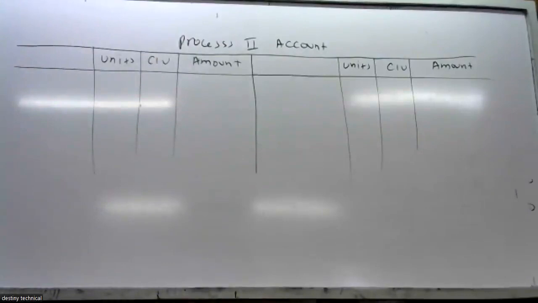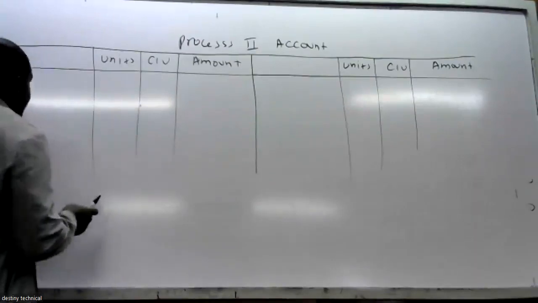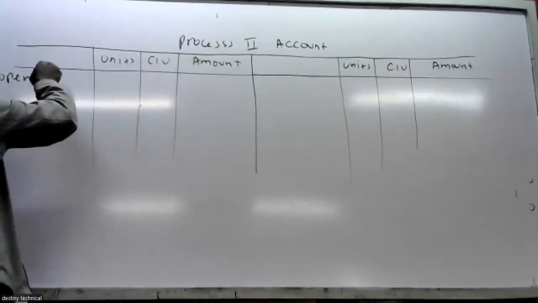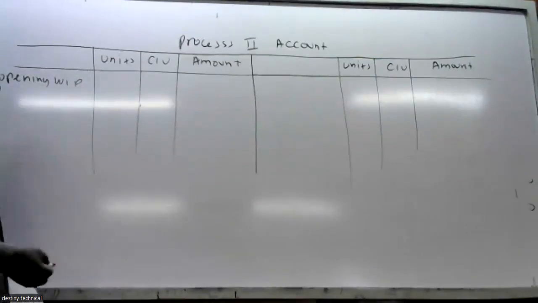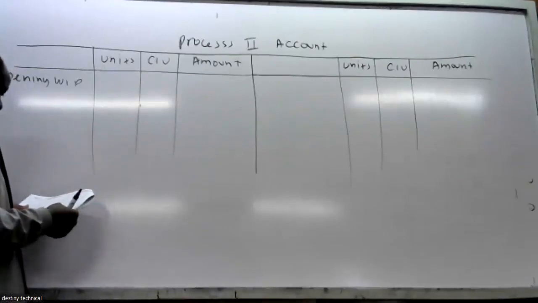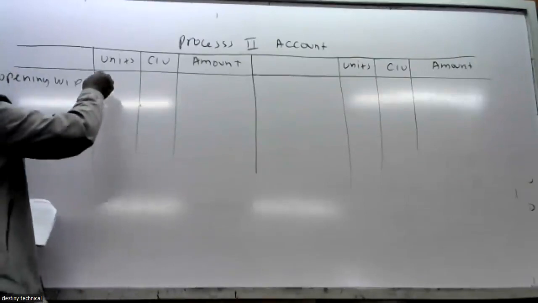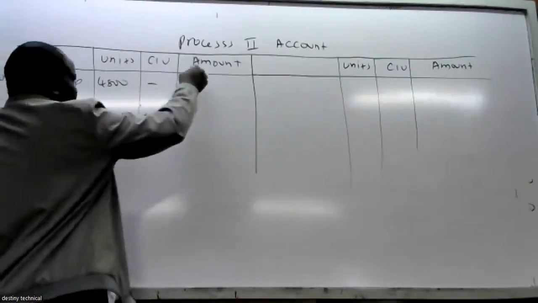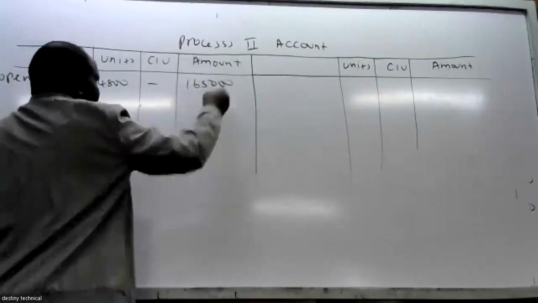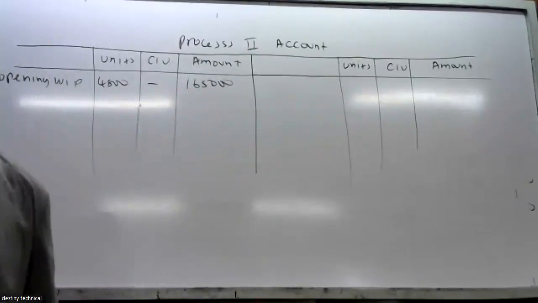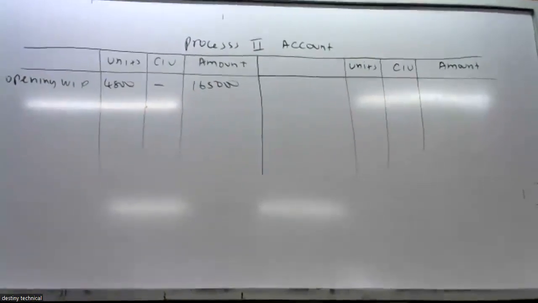So you start off with the opening work in progress. The units were 4,800. They were valued at 165,000.